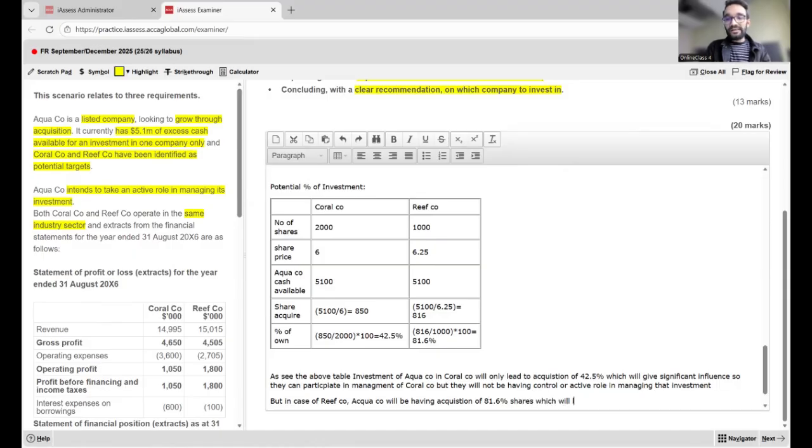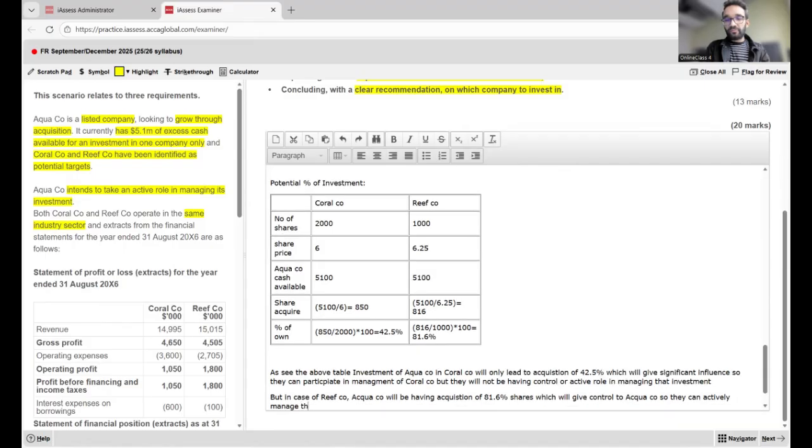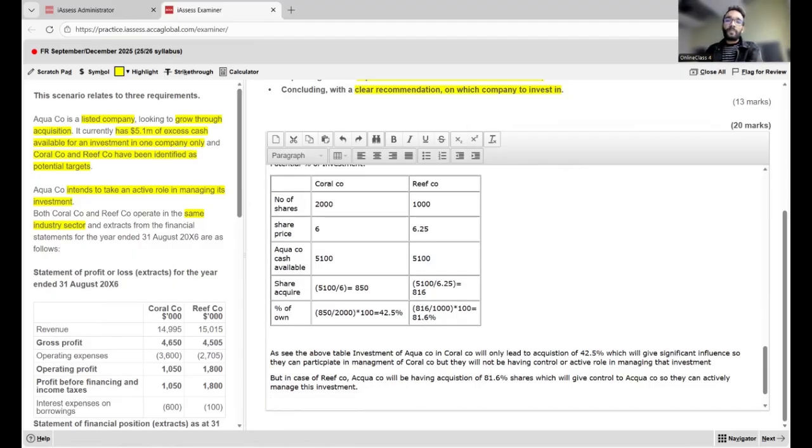Which will give control to Aquaco, so they can actively manage this investment as per their intentions. Although this is enough, right?